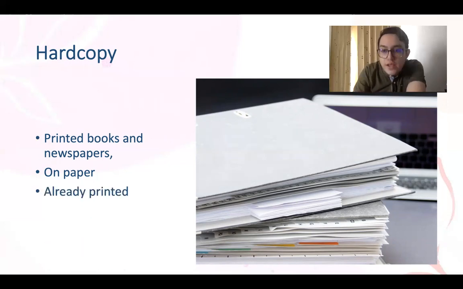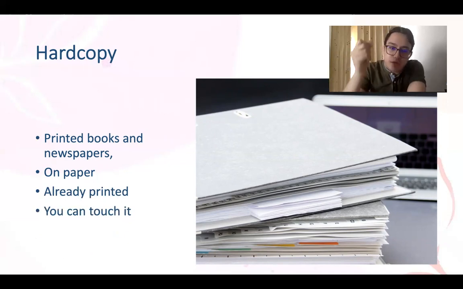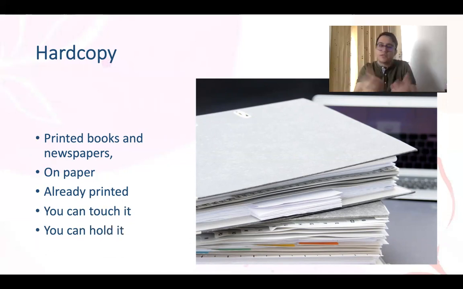So it's already printed. You can touch the paper, right? So you can touch the book, you can touch the paper. You can hold the book, you can hold the paper, okay? So it's called a hard copy.